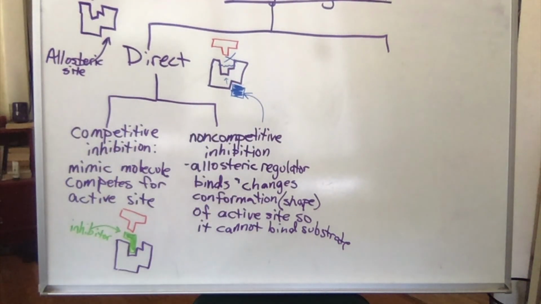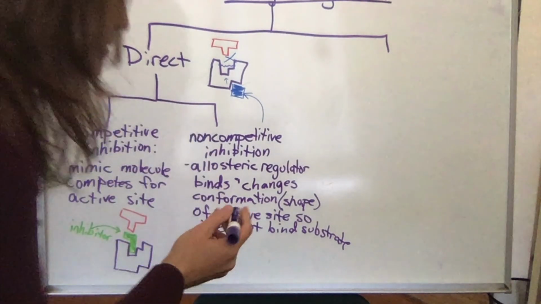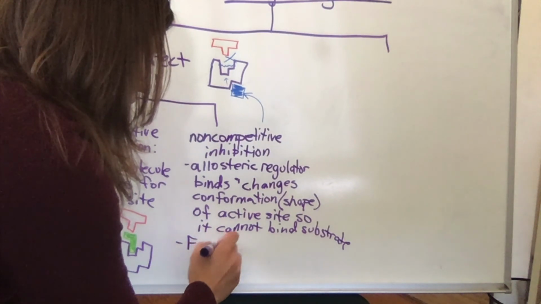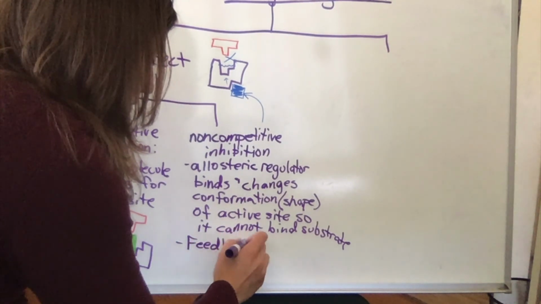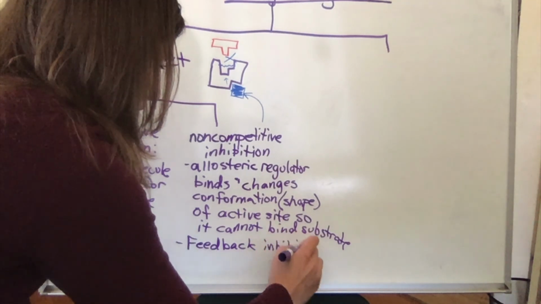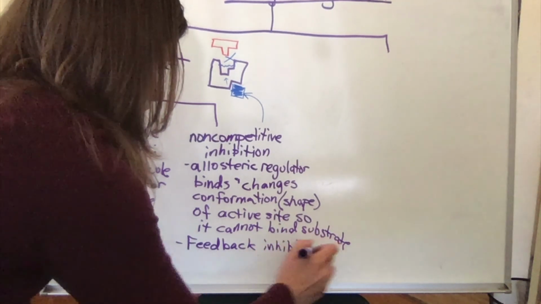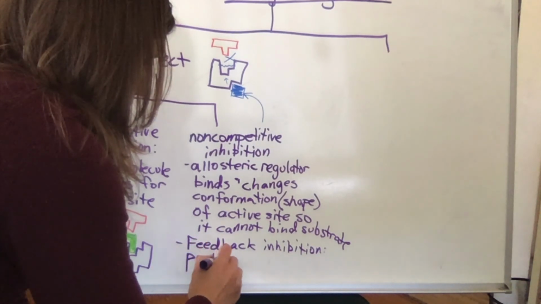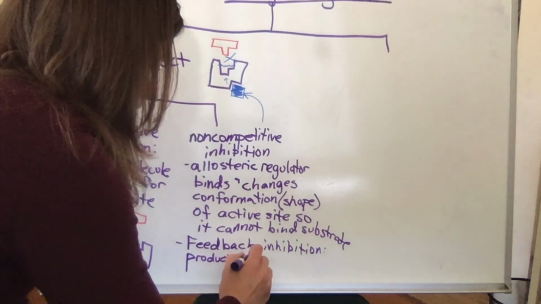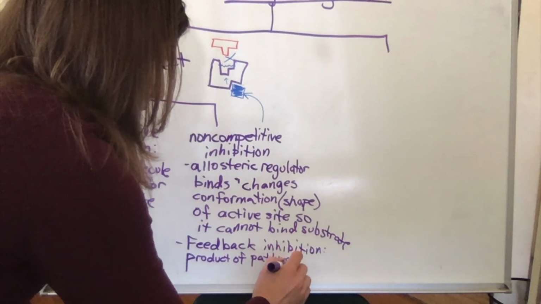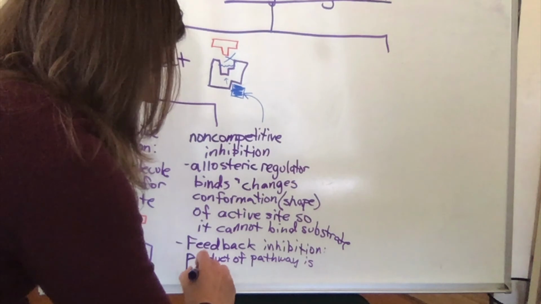Now, I've mentioned already, this is usually a form of feedback inhibition, negative feedback, where the product of the pathway is the regulator.